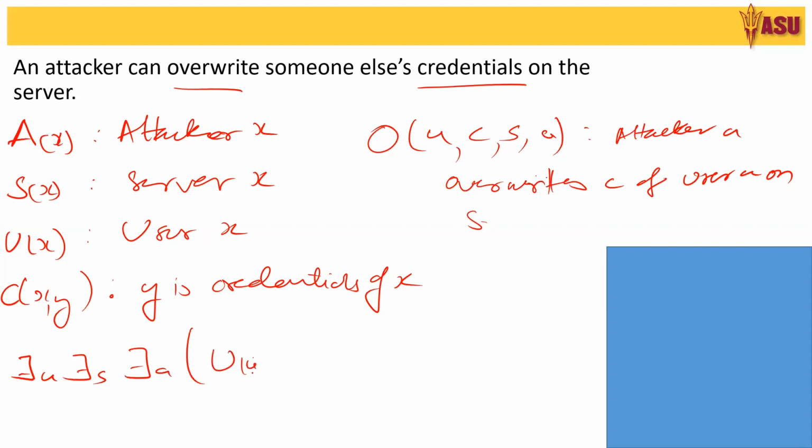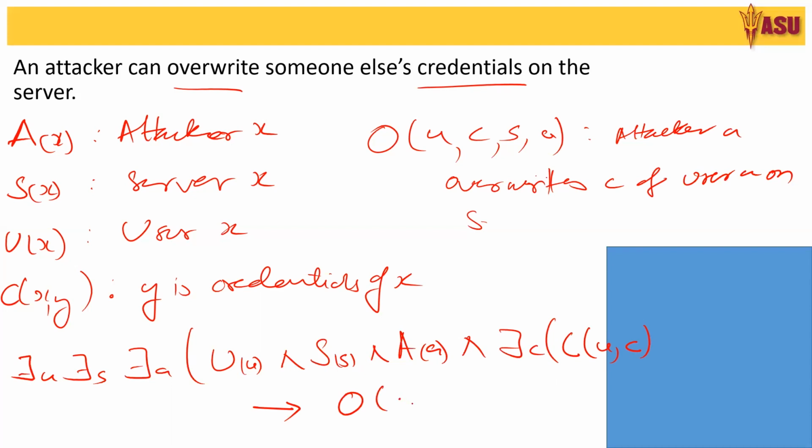So U is a user, server S, and an attacker A. And the user has credentials, so there exists credentials C of user comma A. Sorry, it's C. This implies overwrite user credentials on server S by attacker A.